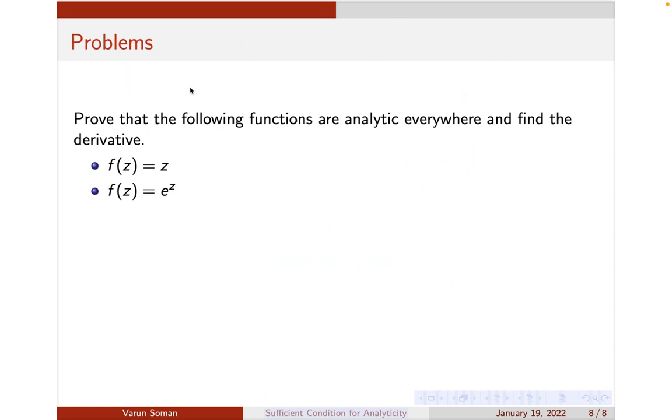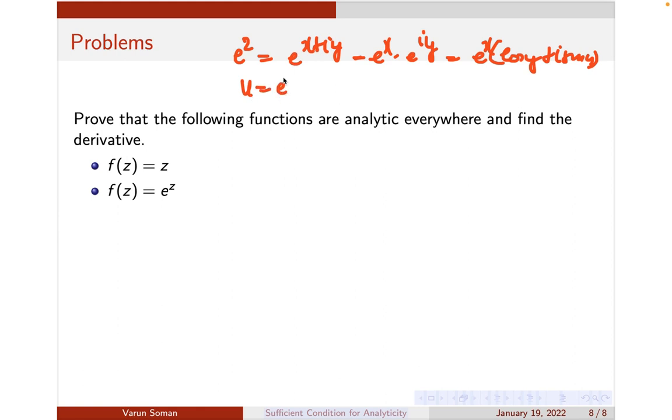Now let us check one more function. f of z is equal to e raised to z. What is the real part? e raised to z is e raised to x plus iy, that is e raised to x into e raised to iy, that is e raised to x into cos y plus i sin y. So your u is e raised to x cos y and v is equal to e raised to x sin y.